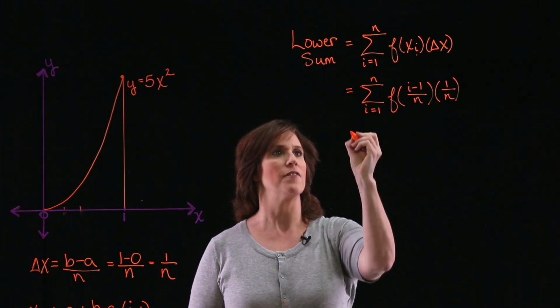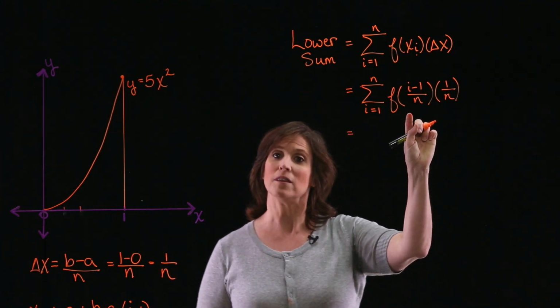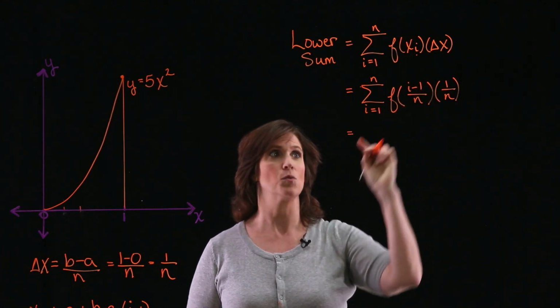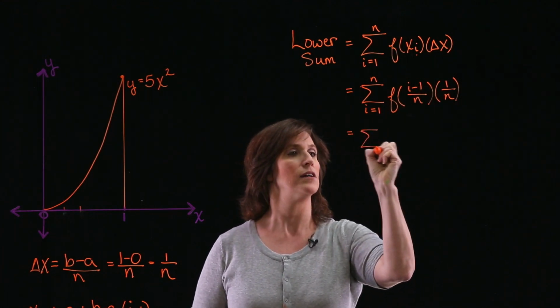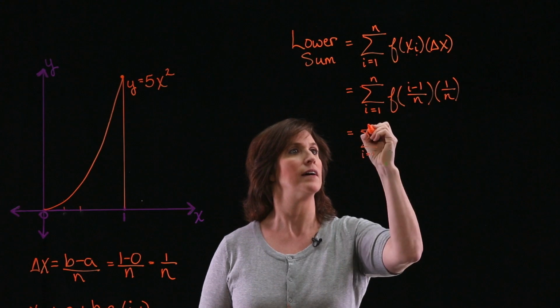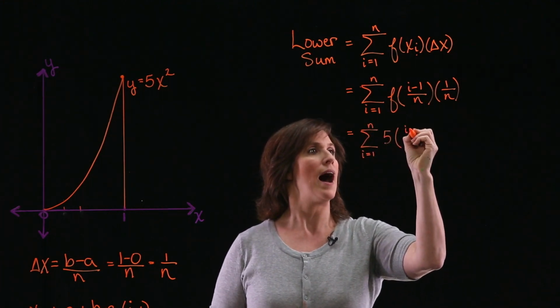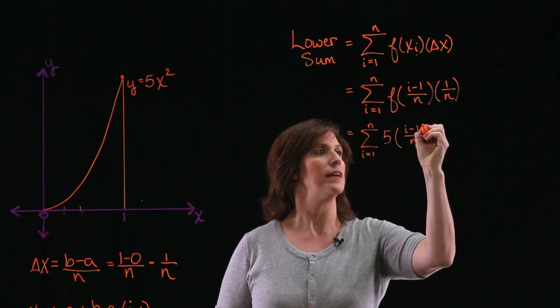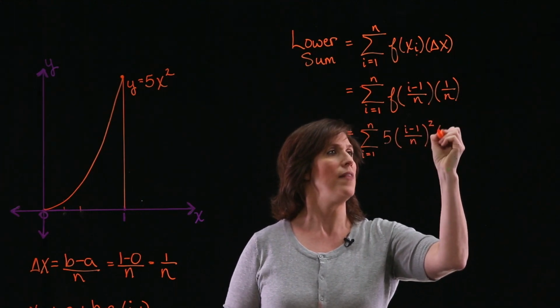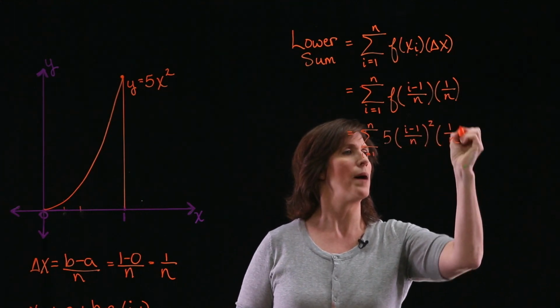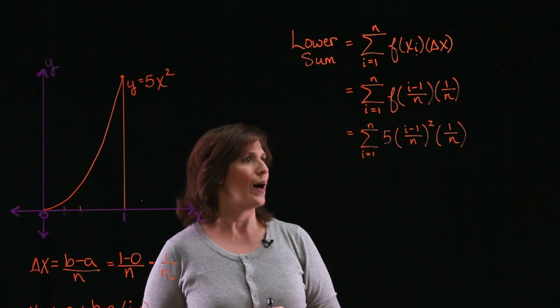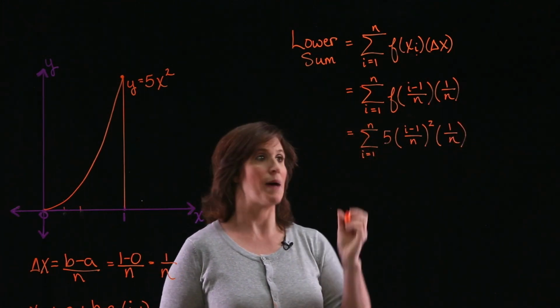Next is some function evaluation. I need to evaluate the function when the input is i minus 1 over n. So I have 5 times the quantity i minus 1 all over n squared. And then I'll multiply by 1 over n. Now it's time to do some algebra.